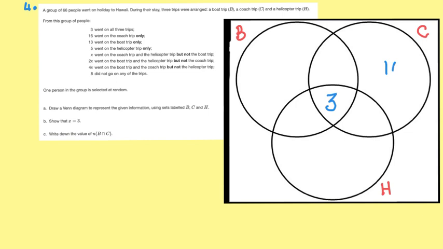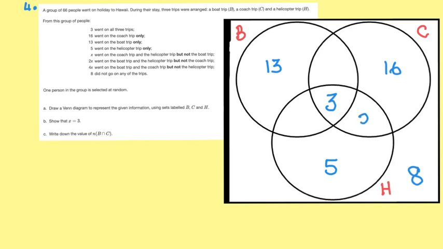So that is there. 13 went on the boat trip only. So that's there. 5 went on the helicopter trip only. So that's there. I'm going to go to the bottom now. 8 did not go on any of the trips. So that is outside.